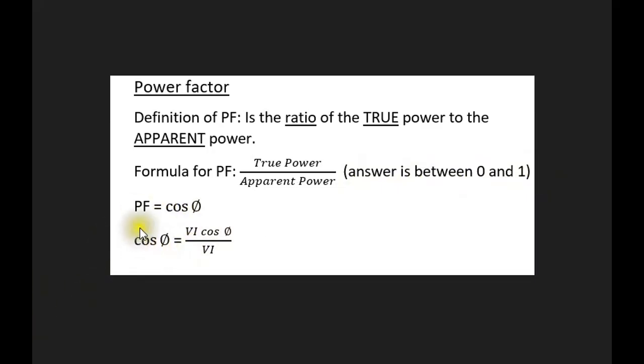Power factor equals cos theta. The true power is VI cos theta, over VI, which is the apparent power. So true over apparent.